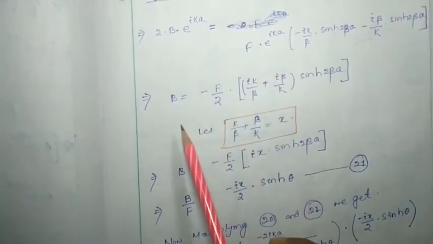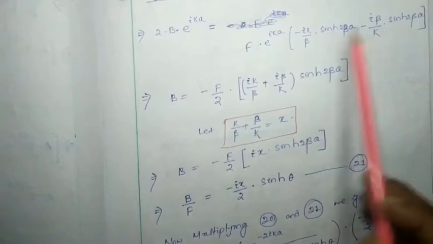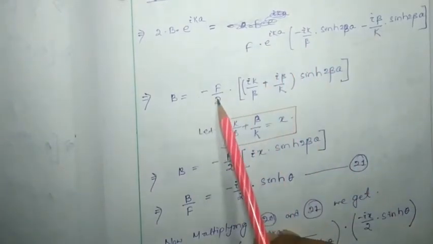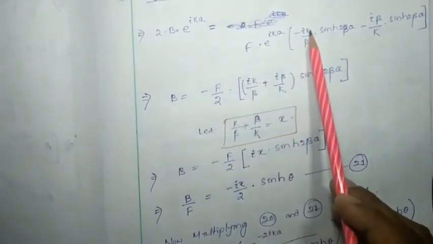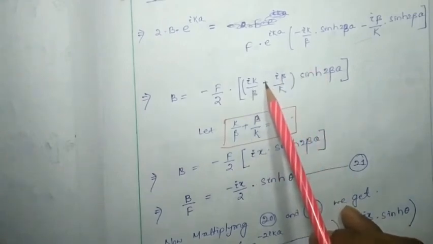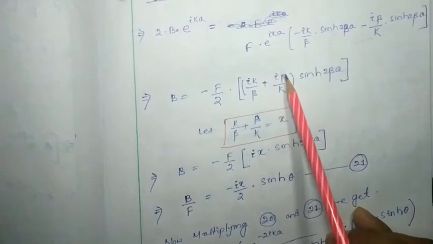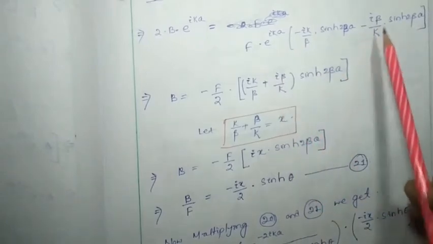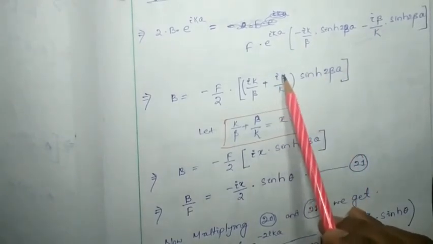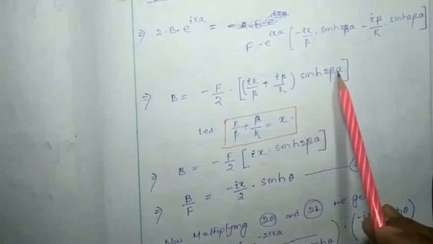And here you can see minus can be taken outside, so minus 1 by 2, and in the bracket plus ik by beta plus i beta by k. Here see minus i beta by k, so it will be plus i beta by k sinh 2 beta a.